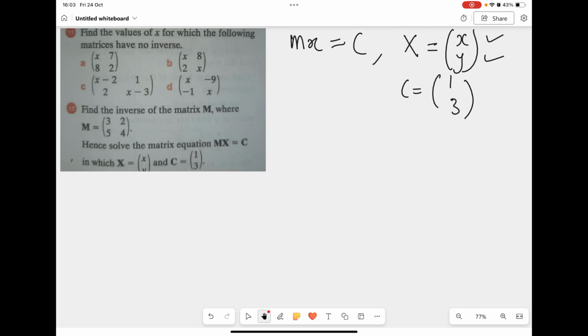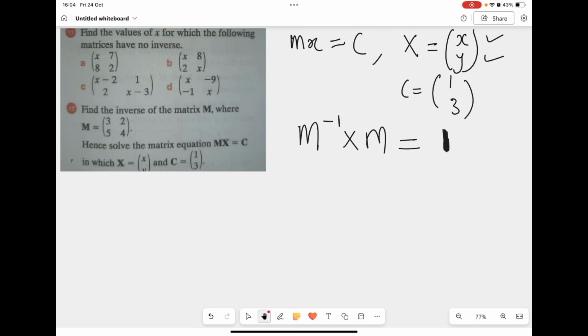So one of the techniques we can use here, I will just introduce something. First of all, it's important you know that if I multiply M with its inverse, it gives me an identity matrix, denoted as this.